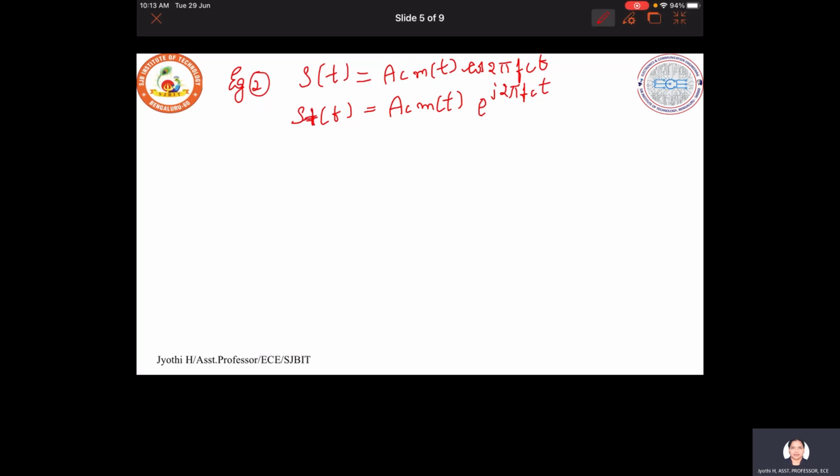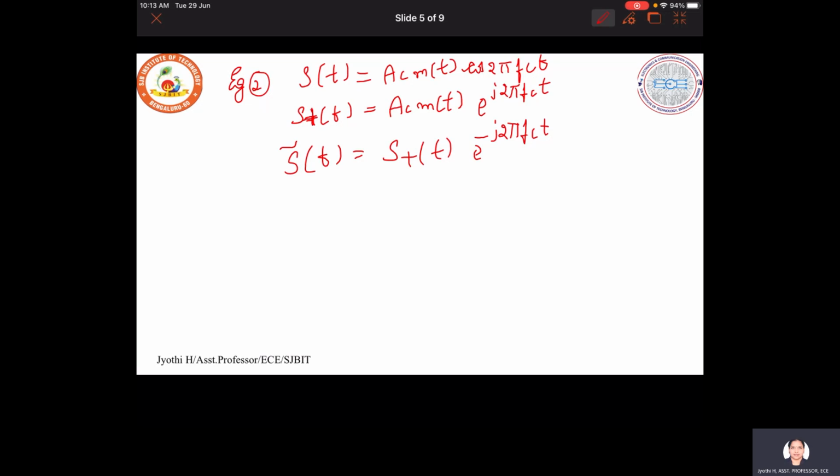We extracted it earlier also, that is Ac into m of t e to the power of j 2 pi fct. So we are supposed to extract the complex envelope of this. That is going to be equal to s plus of t into e to the power of minus j 2 pi fct. That is how we have to shift the signal.